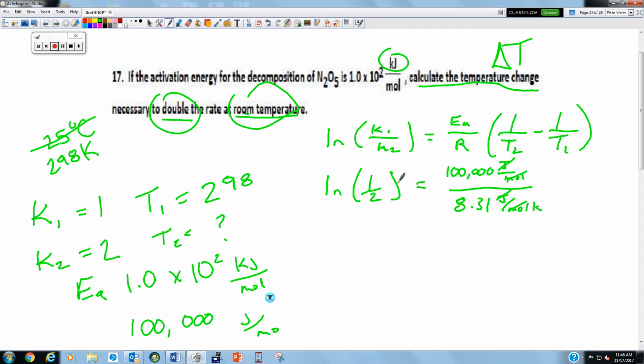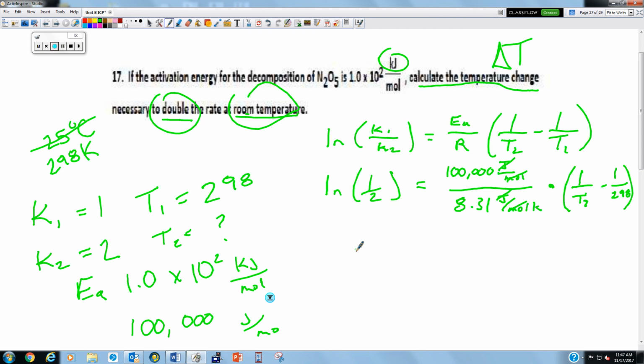Units right there would have canceled as well. Times 1 over T2 minus 1 over 298.